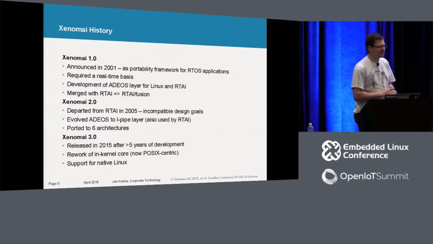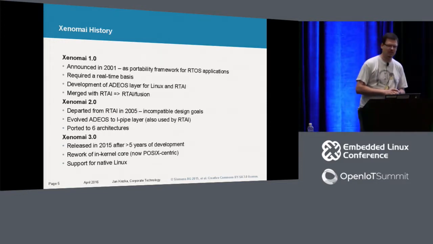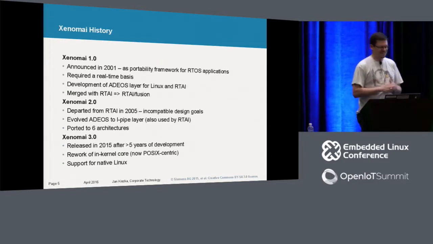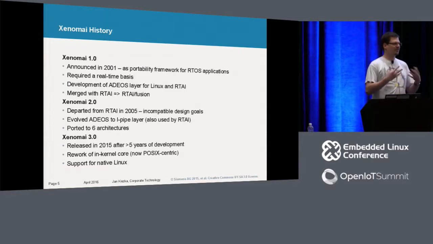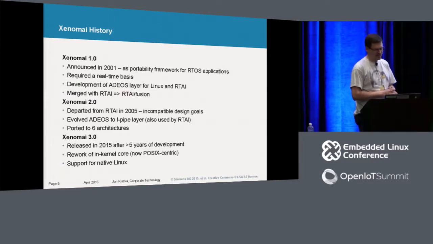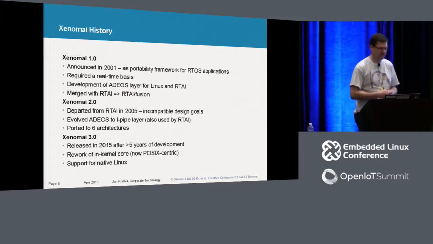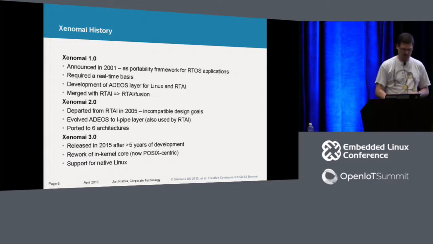Actually, it was announced as being the next big thing. I saw slides of myself from 2007 where I was talking about this, and so it took a while, first of all, to evolve the ideas and then also to develop them. We will see later on what was basically breaking it or slowing it down a little bit. So this Xenomai 3 now comes with a reworked core for the co-kernel approach, and it comes with support for the native Linux side.